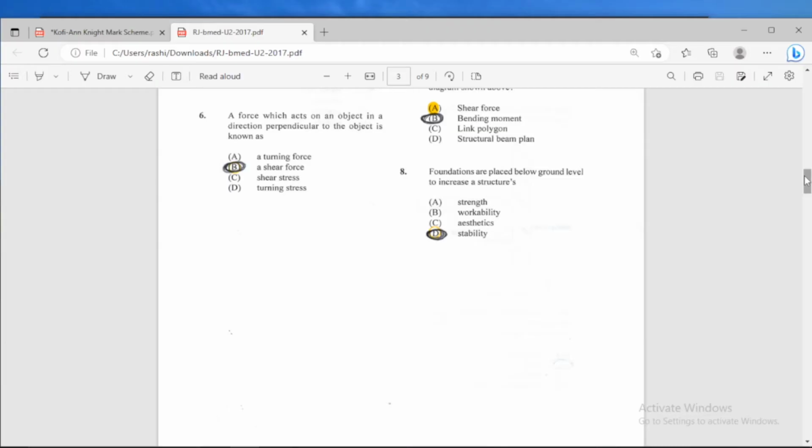For the rest of them, strength and stability are the best two candidates. The reason I would choose stability instead of strength is that stability just means that the building is stable fully. There is no movement of any sort, which is what the foundation does. It spreads the weight evenly throughout the ground, so that the building is stable. So I would choose stability over strength here.